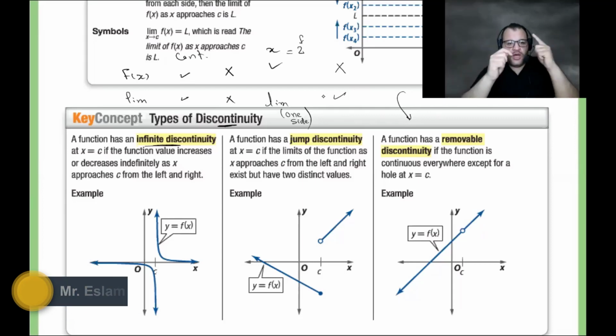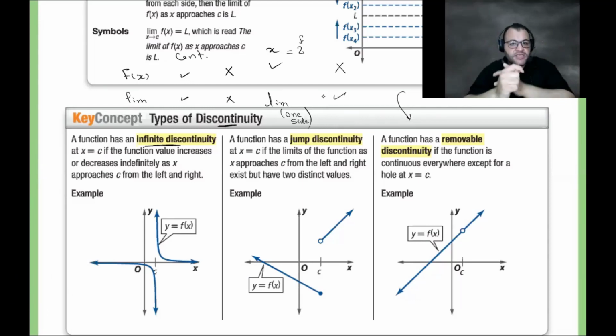If you have a value of the function and there is a limit from only one side, it will be a jumping discontinuity function. If there is no value and there is no limit, it will be infinite. If there is no value and there is a limit, it will be a removable discontinuity function. You got the idea for this one?